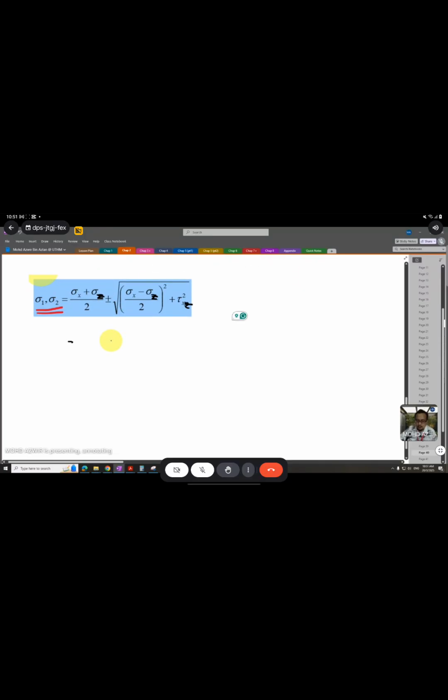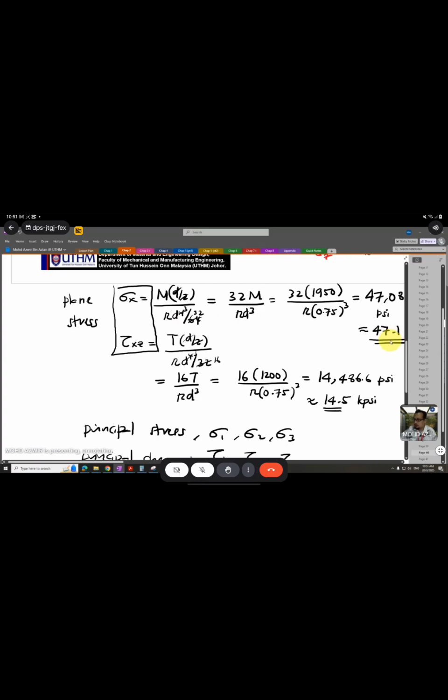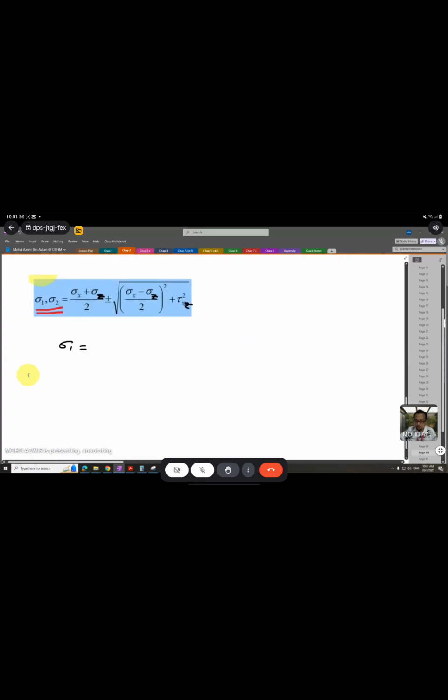So sigma 1 is equal to sigma x, which is 47.1, plus sigma z.